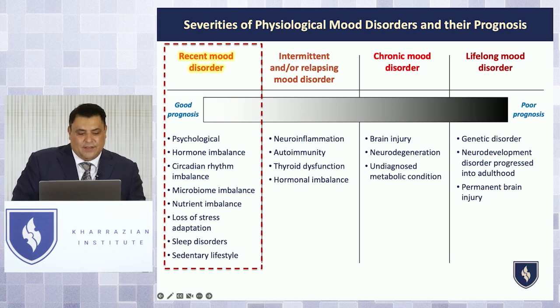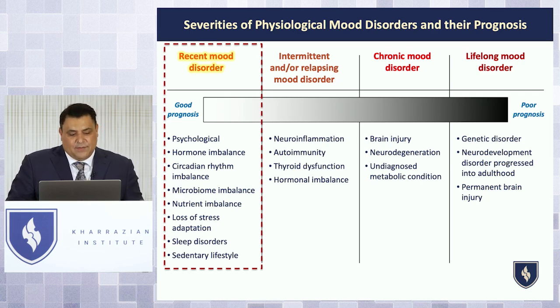You can use lifestyle and functional medicine approaches and see these things change. So a recent mood disorder, let's say less than 6 months, has a better prognosis, and the mechanism is usually more neurochemical imbalance.